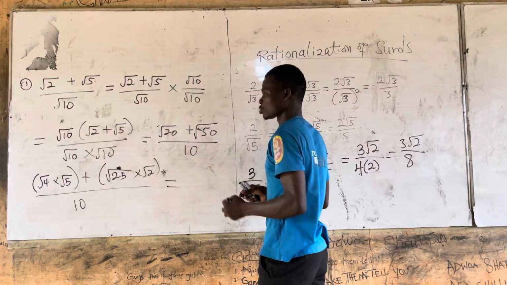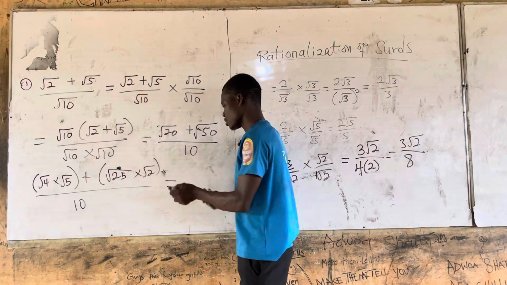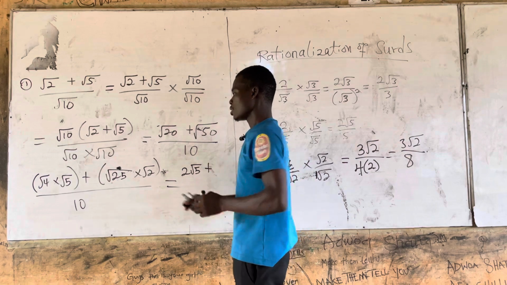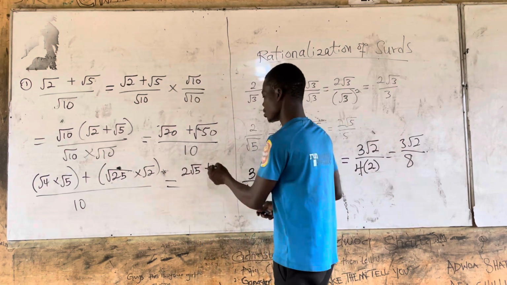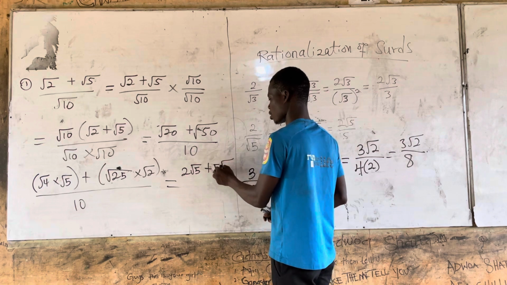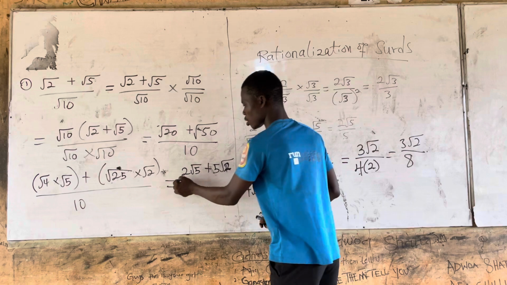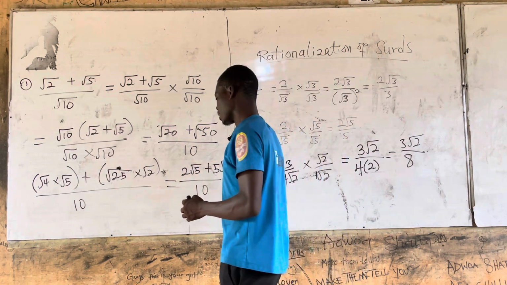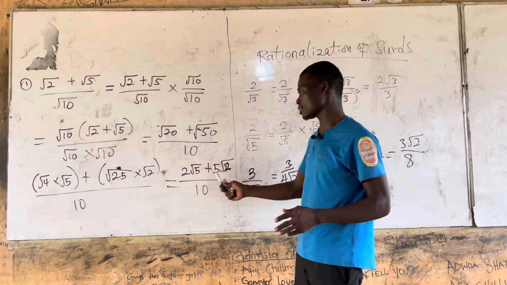So which is equal to root of 4 is 2 times root 5, you get 2 root 5, plus root of 25 is 5 times root 2. You get 5 root 2 all over 10.